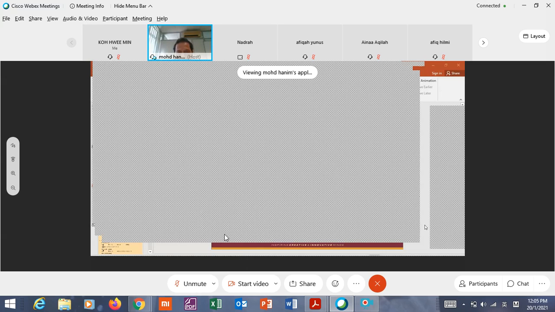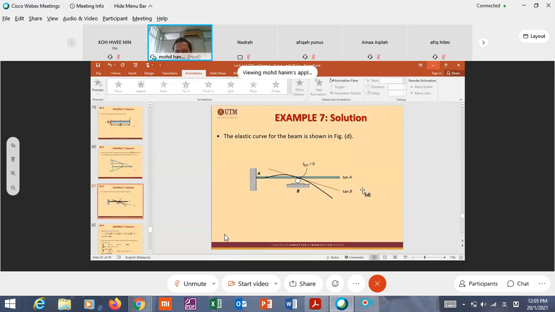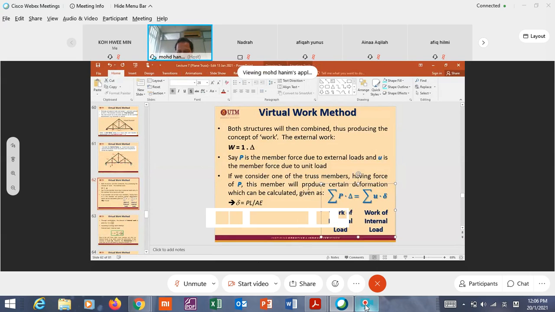I'm trying to give a briefing on beam deflection actually, but I couldn't find the file. Maybe I misplaced the file. Because the beam deflection assignment using the Macaulay method, you have to submit.